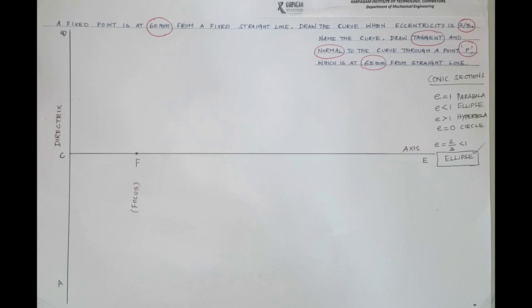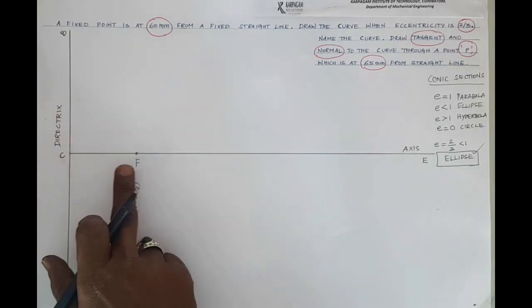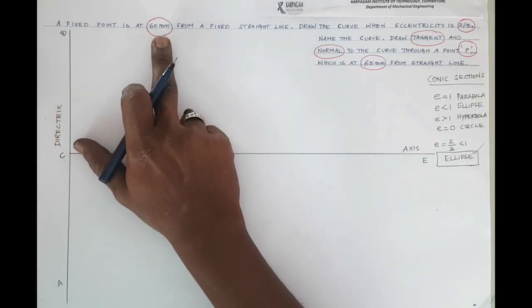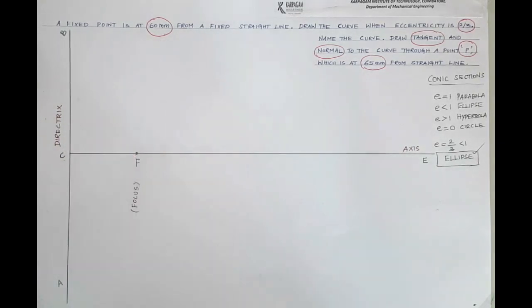It is the focus. The distance between C to F is given in the problem as 60. So I am marked capital.